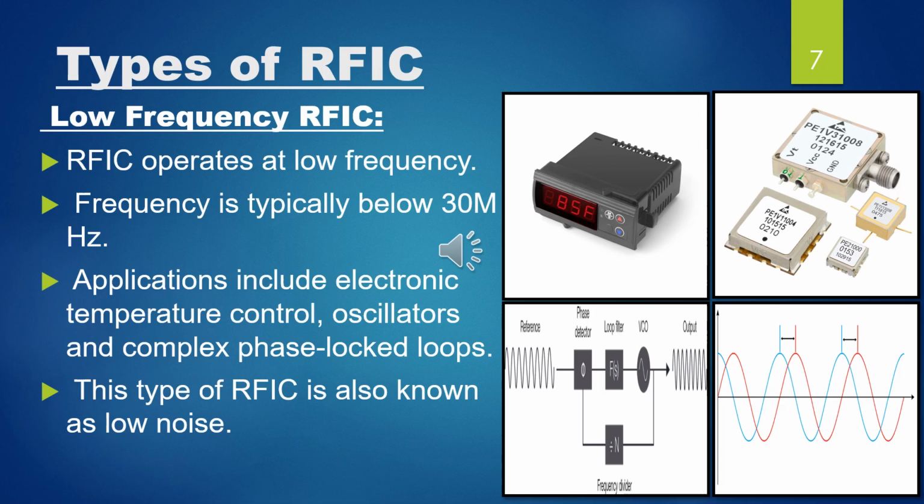Here in the picture we see the phase locked loop, where we give the input of the reference frequencies, and we get the output in the form of the nth frequency divider.